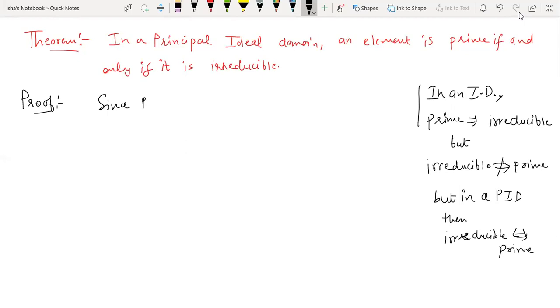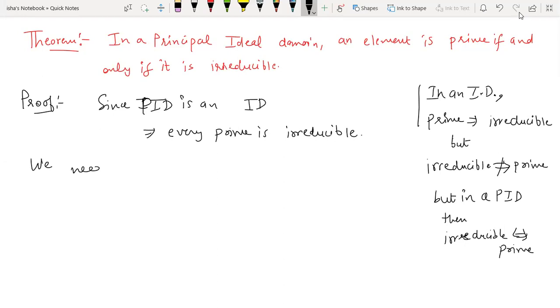Since a PID is an ID, the principal ideal domain is an integral domain first, it implies every prime is irreducible. So we just need to prove the other part.